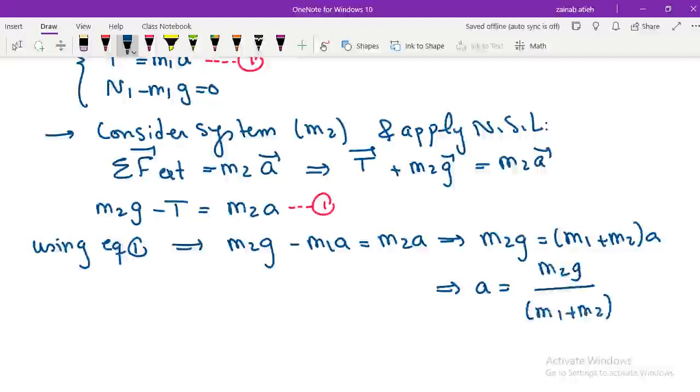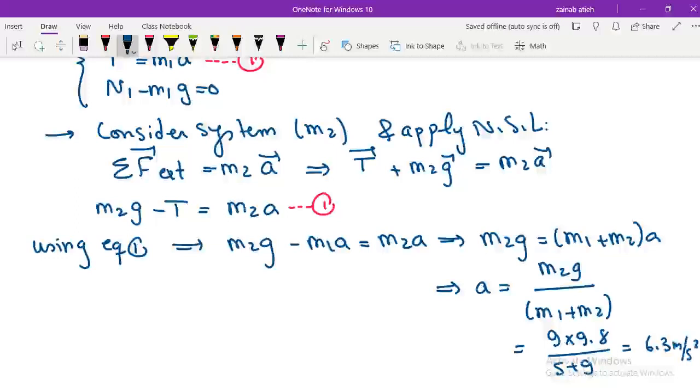I have all the masses: M2 was 9 times 9.8, over M1 was 5 plus 9, and I get 6.3 meters per second squared. This is the acceleration.